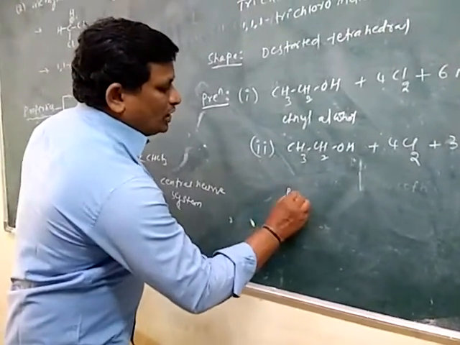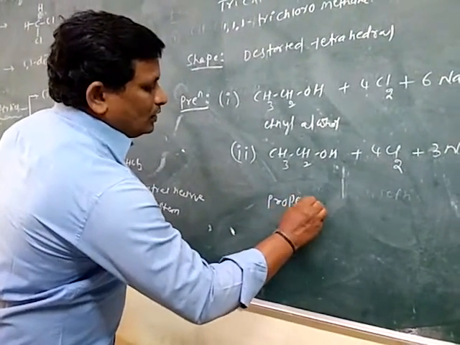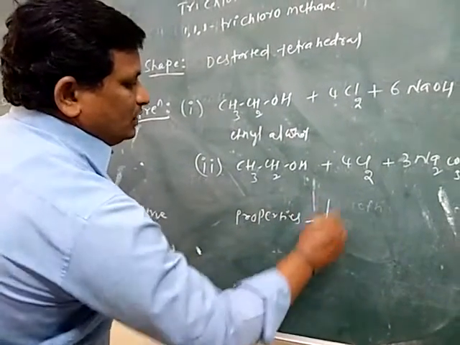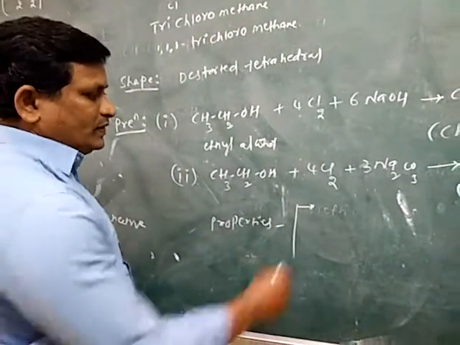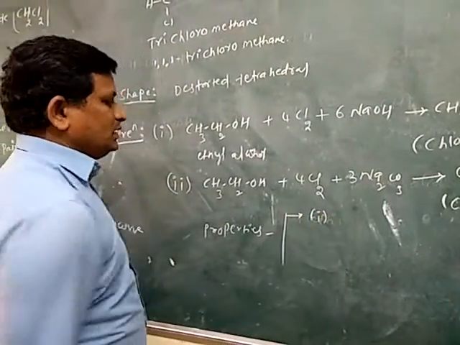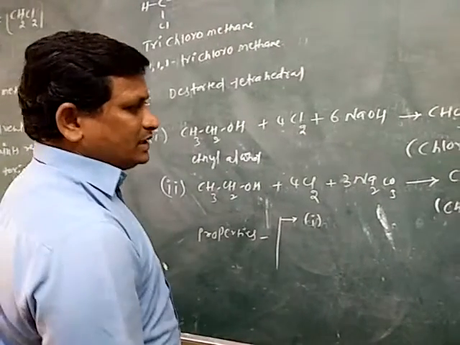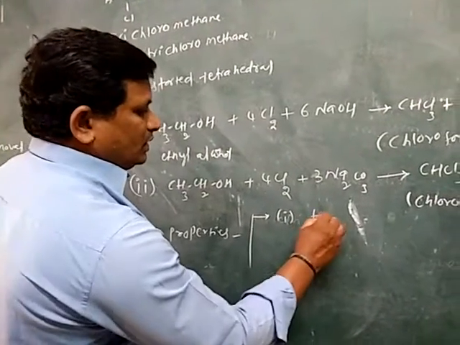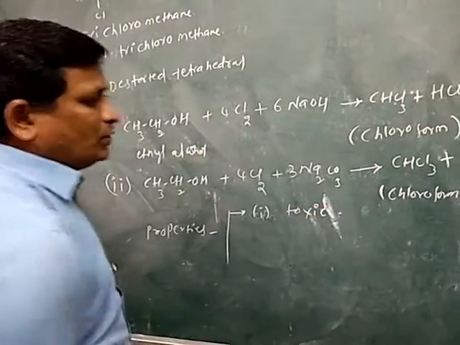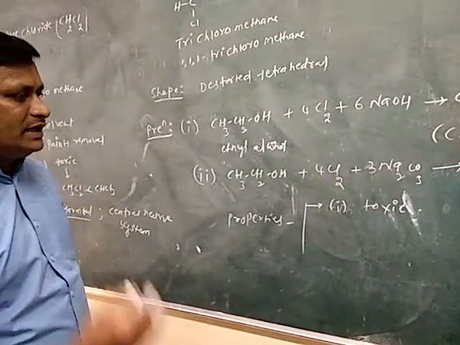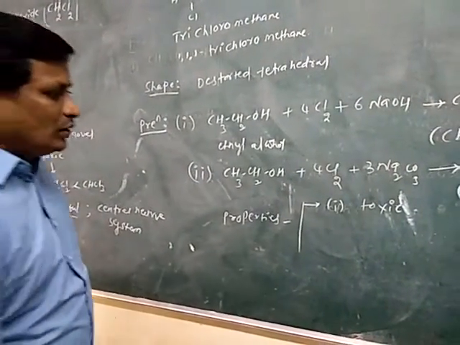Now the properties. The properties of chloroform: number 1, it is a toxic compound. Its toxicity is greater than methylene chloride.